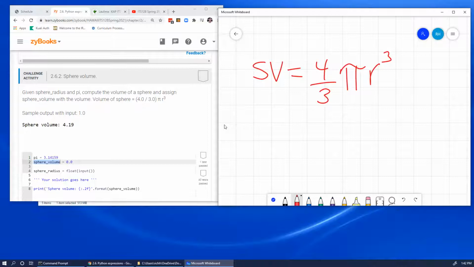And we have to make it be where, let's see, we want to divide the 4 and the 3 first, and then we multiply that by the pi. And then we want to do this thing first, the r times r to the third power. Okay, so really we want to do this right away.